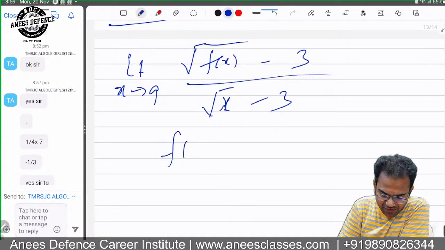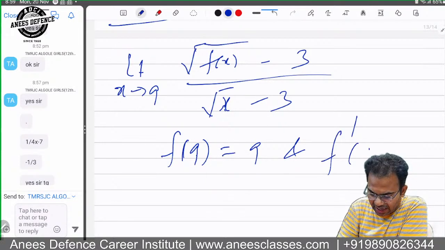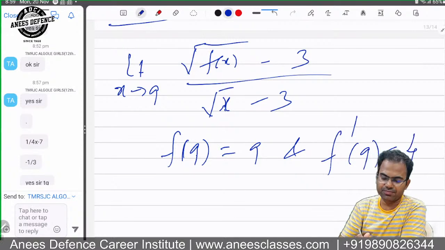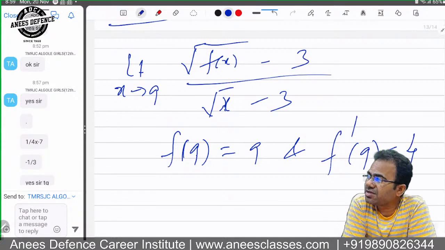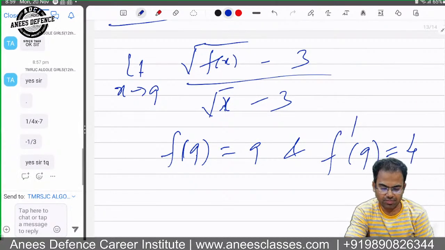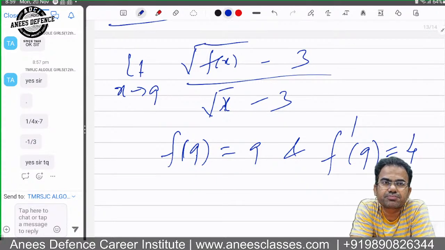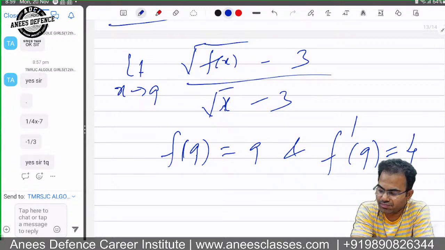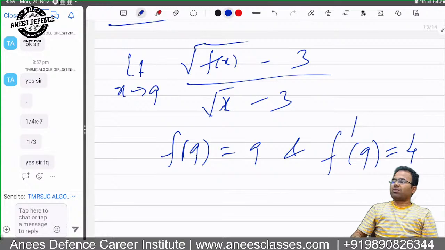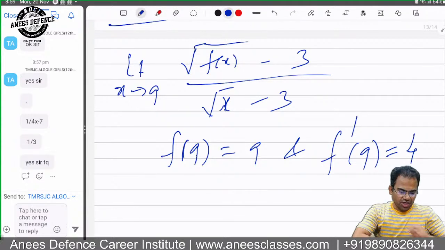If I have f of 9 equal to 9 and f dash 9 equal to 4. I'm giving you 2 minutes. Solve it. Okay. Solve this question.